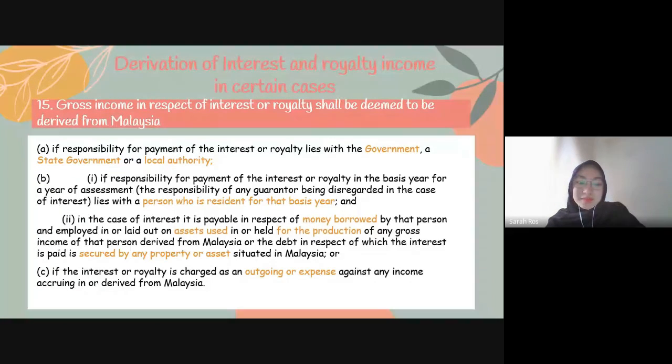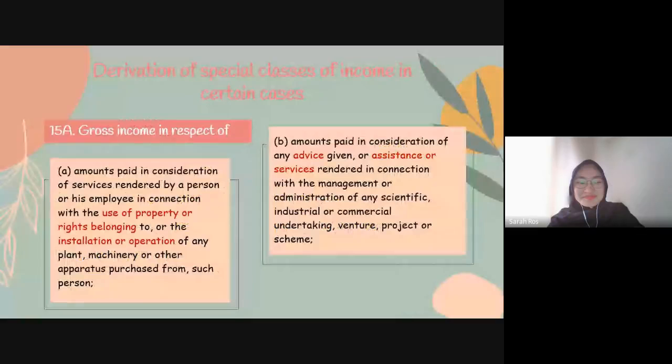That's the example for that statement. And then for 15(1)(c), if the interest or royalty is charged as outgoing or expenses against any income accruing in or derived from Malaysia. Okay, next.